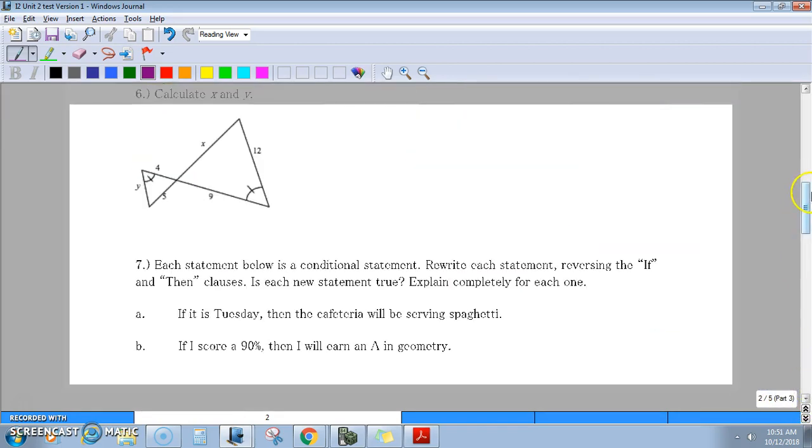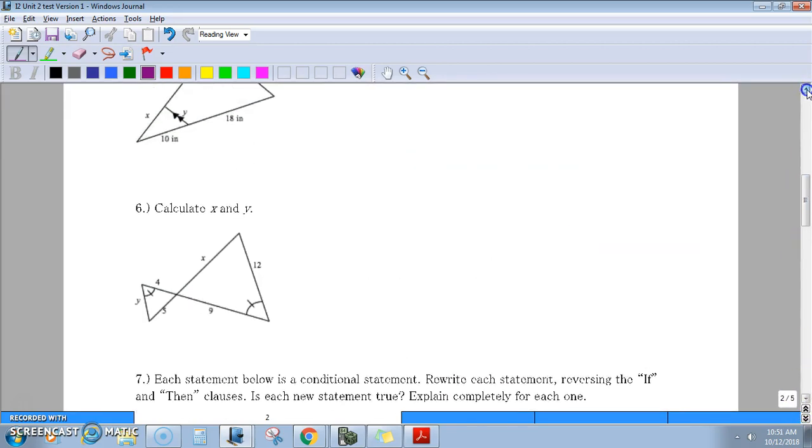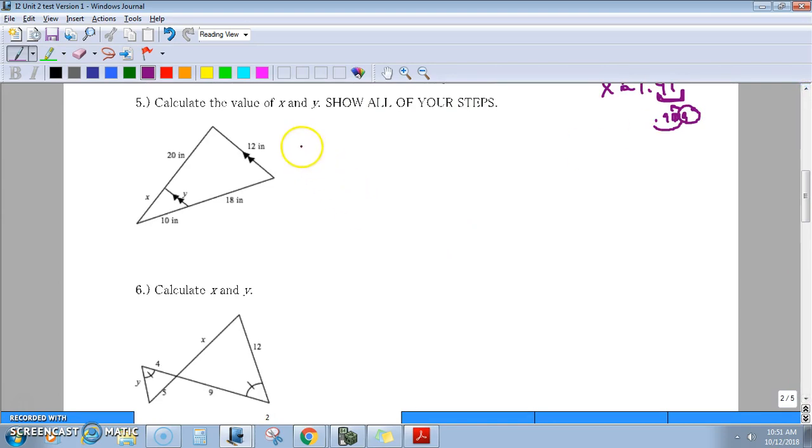So we're just going to do the same thing for number 5. Okay, and we know because these are parallel, angles, all that, right? So if we want to find x, we can do any one of these other proportional sides. Well, let's do this one. Let's do y first. We know y corresponds with 12.